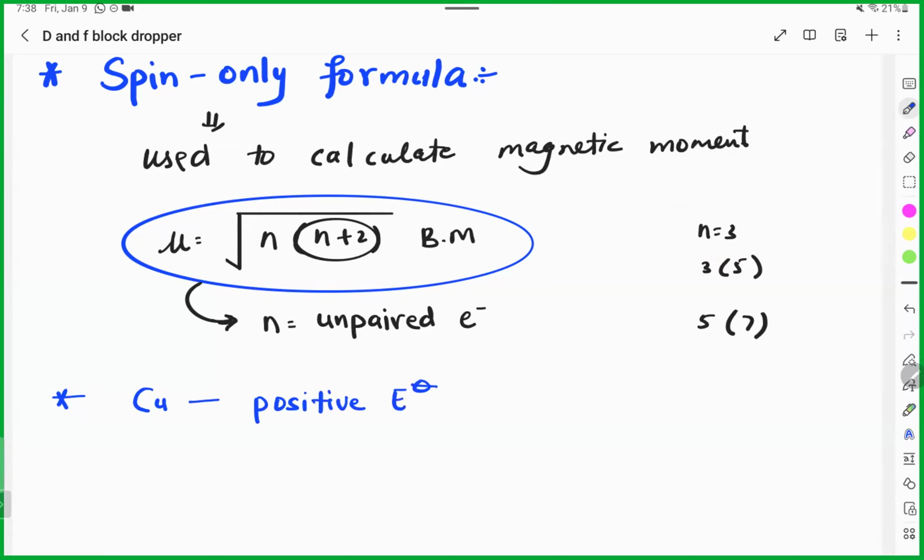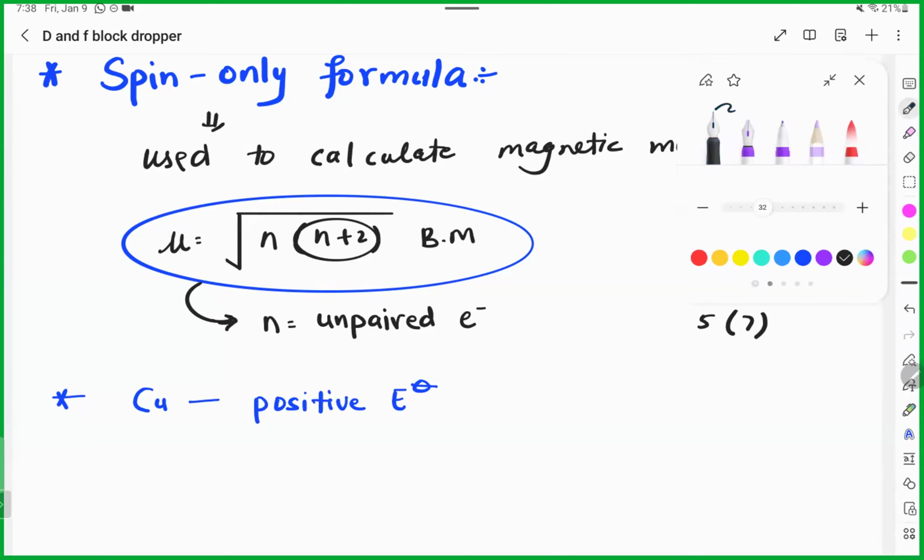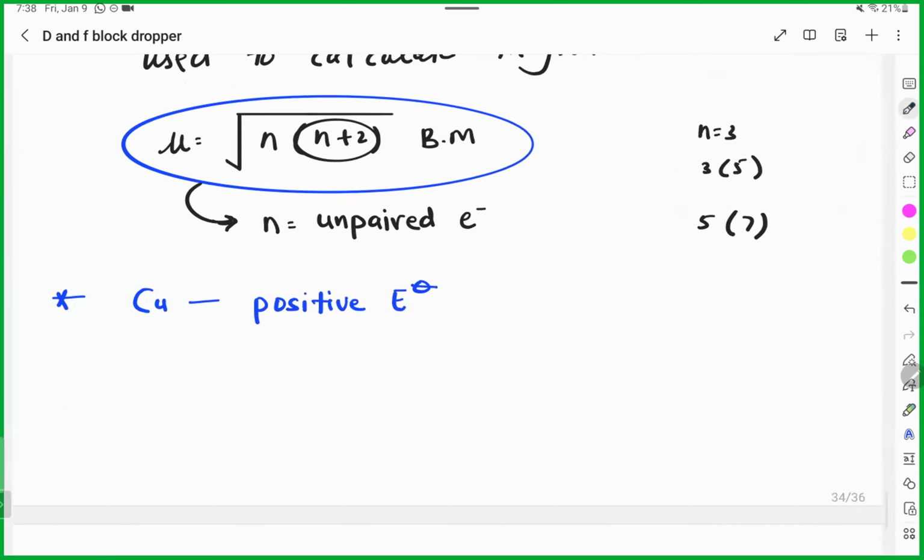In that, the last factor is hydration enthalpy. In ionized form, copper's hydration enthalpy is very negative, like it gains a lot of energy, so that will overcome whatever energy was required for ionization of two electrons.